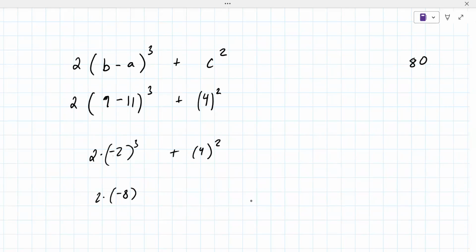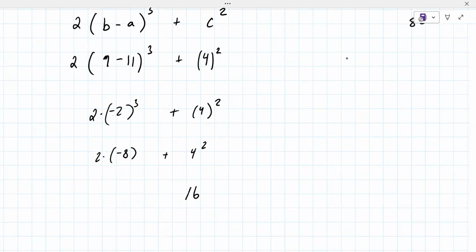And then you're multiplying by 2 and adding 4 squared. What is 4 squared? 16. Good. All right. What is 2 times negative 8? -16. Good. Plus 16. 0. All right.